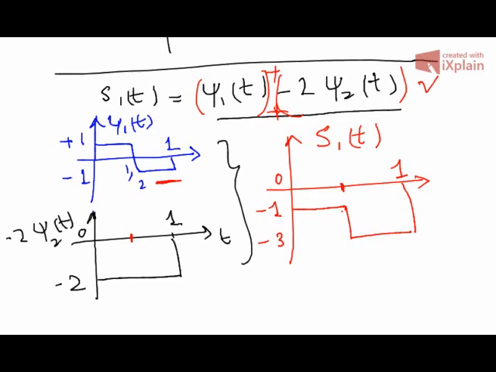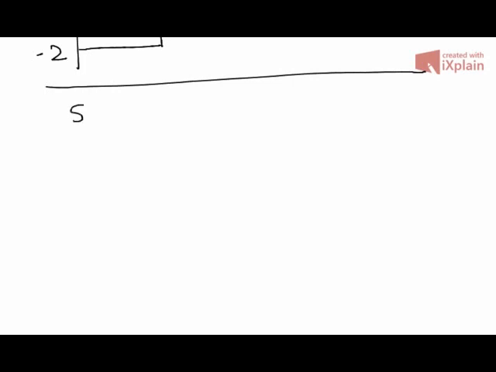Similarly, we can verify that our S2 of t, if you see the equation, is just the addition of psi 1 of t and psi 2 of t, because both the coordinates are unity.